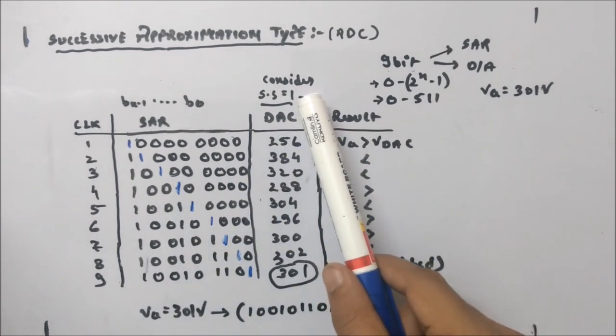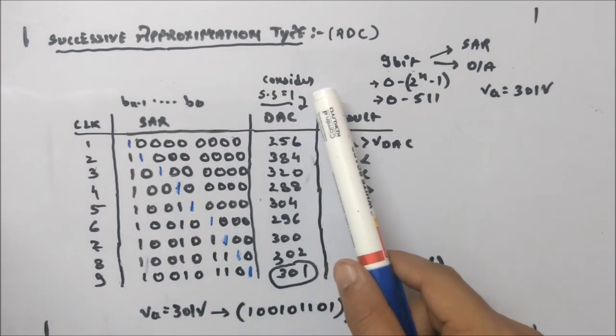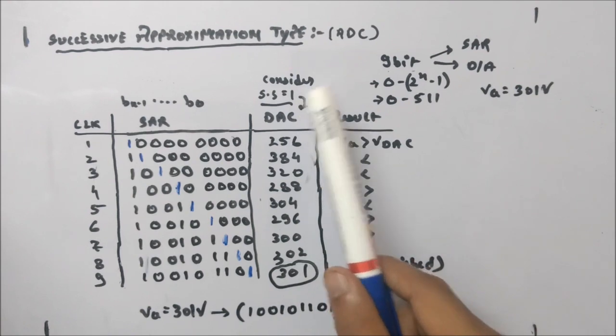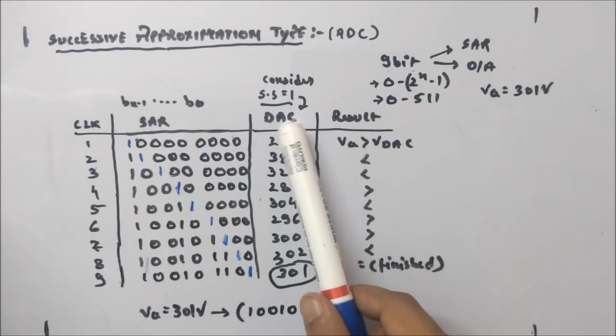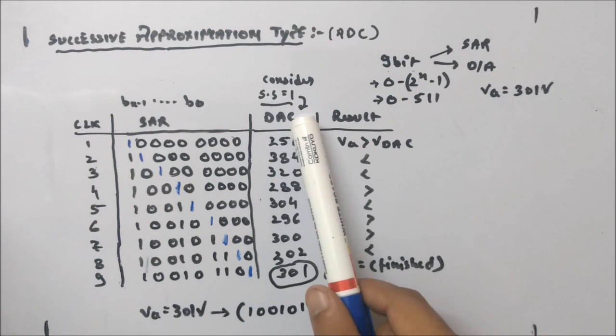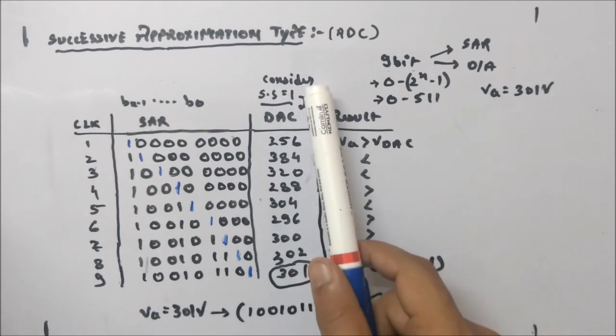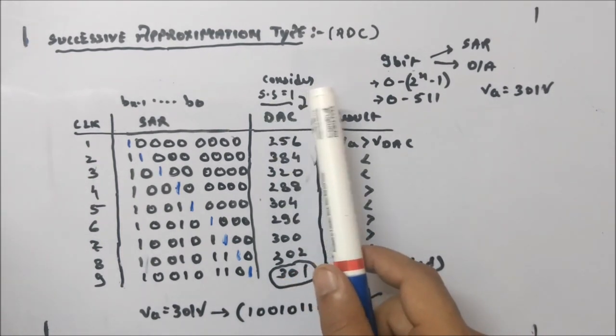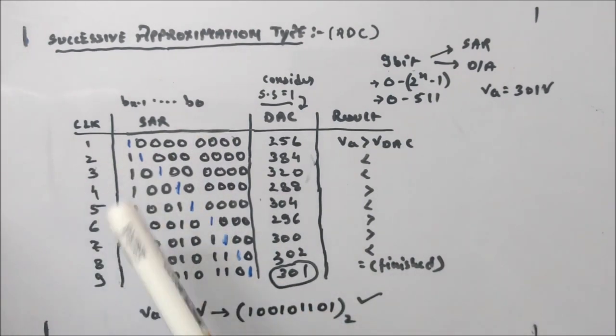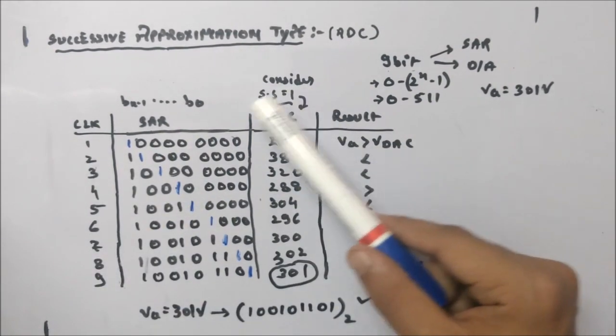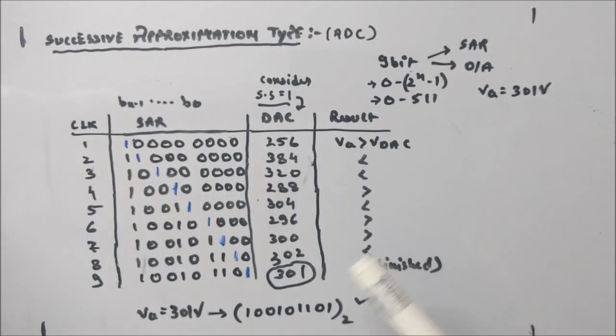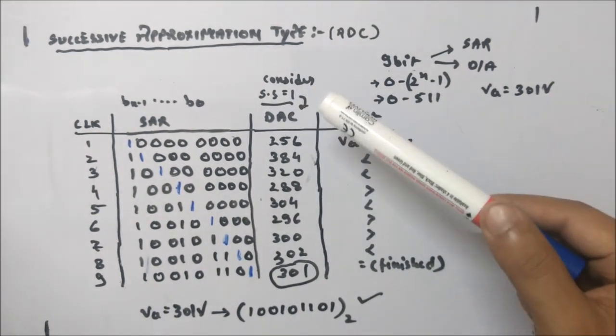I have considered step size equal to 1 just for simplicity, but mind you, the analog equivalent given by the D2A converter will depend upon resolution or step size. The relation I showed you before, but just to keep it simple, I will write SS equal to 1, step size equal to 1.